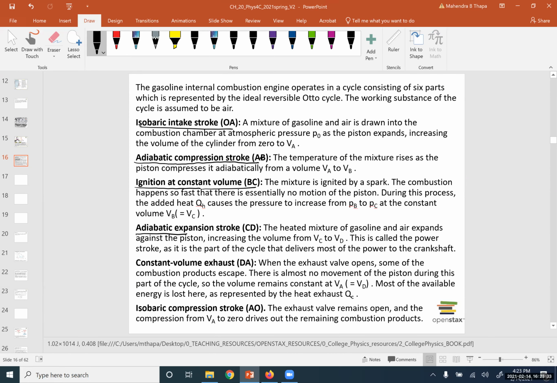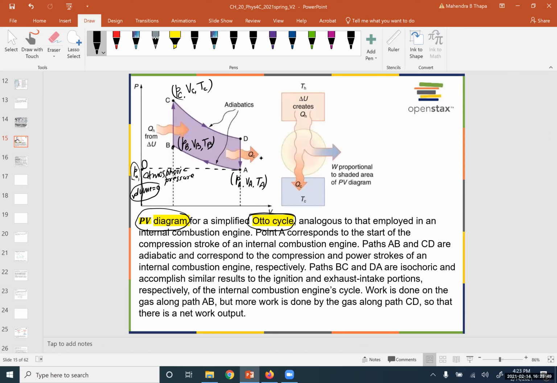Again, what will happen? An adiabatic stroke will happen. At that time, the heated mixture of gas expands. So in this case, it goes from C to D, so pressure will be PD, volume will be VD, and the temperature will be TD.